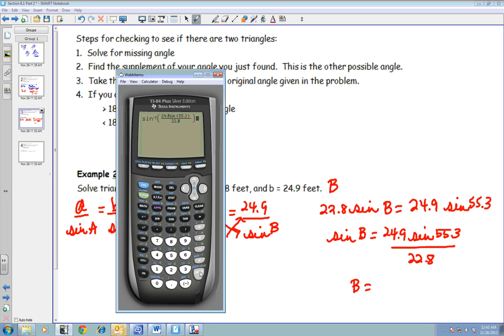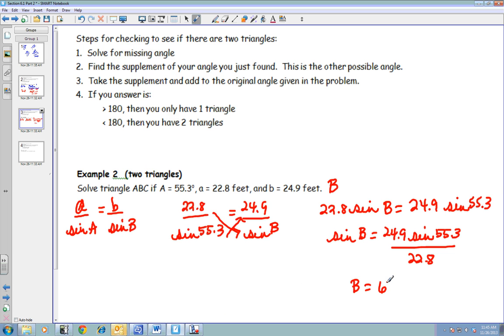Now I press enter. My angle is, rounded to the nearest tenth, 63.9 degrees. So we did step one.